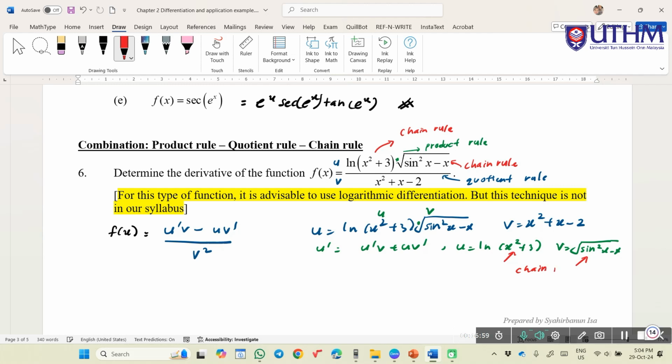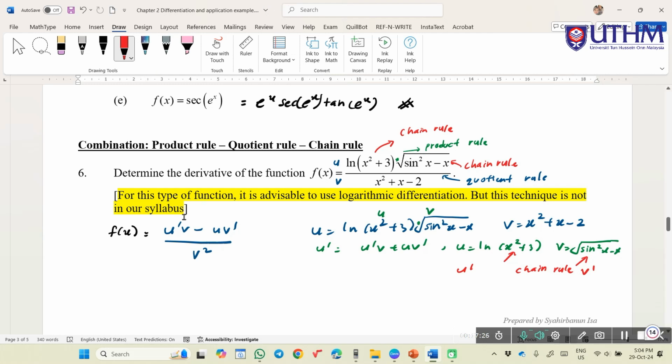After we consider the chain rule, we can find the u prime and also the v prime. Then u prime and v prime are substituted into the product rule. After we get the product rule, we will have the u prime and v prime for the quotient rule. I hope you can understand.